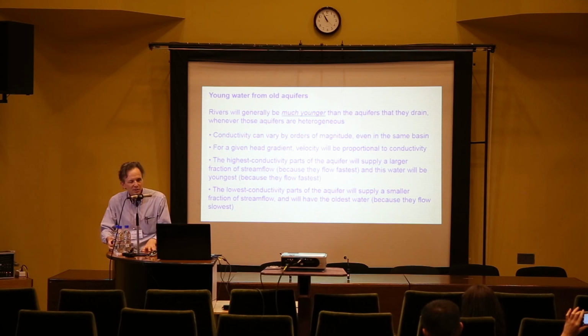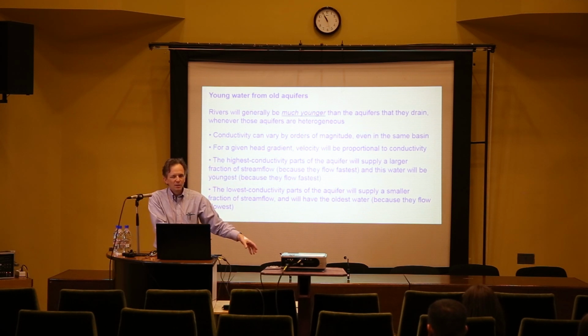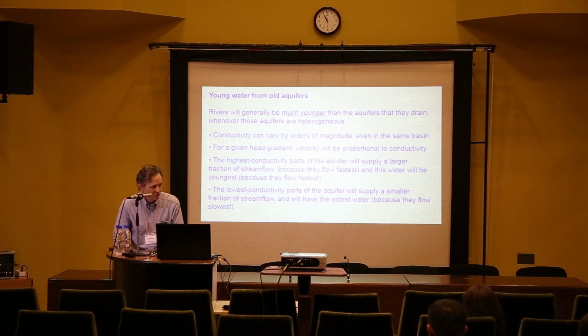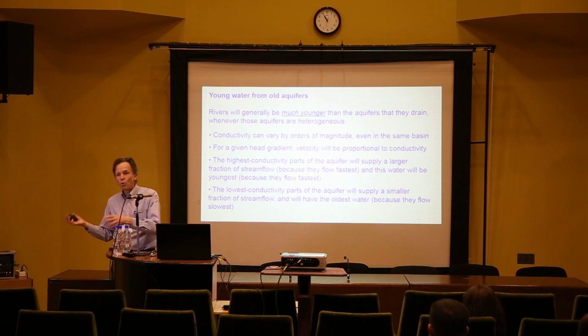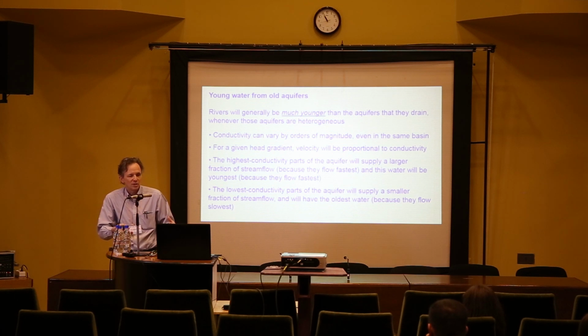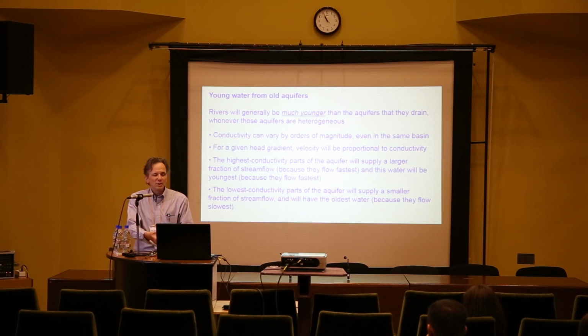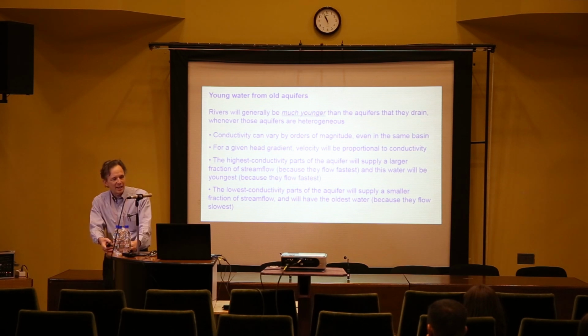The highest conductivity parts will, of course, transmit most of the water because they flow the fastest, right? And that water will be relatively young because they flow the fastest. And on the other hand, the low conductivity parts of the aquifer will have the oldest water because they flow very slowly.